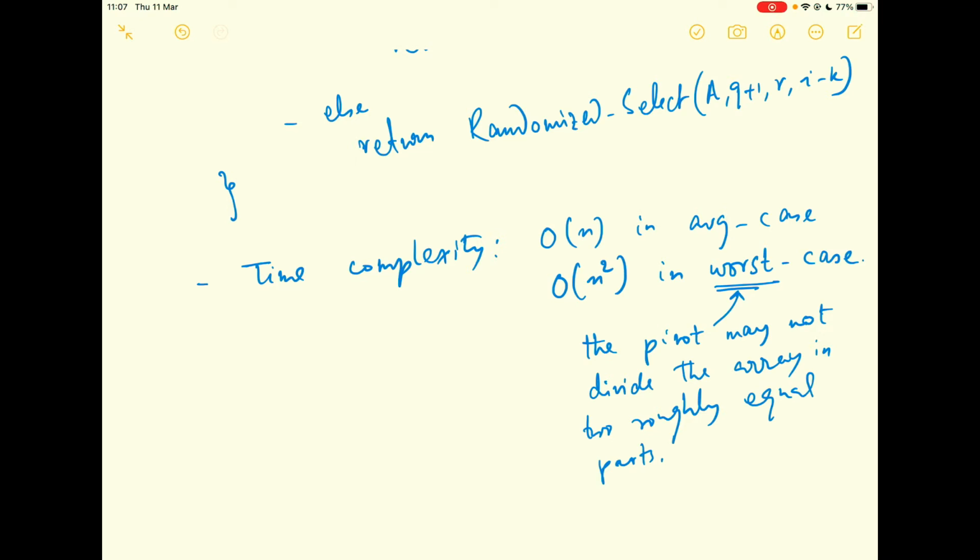In the worst case, the pivot could be as bad as one part having order 1 elements, say 1 or 2 elements, and the other part having almost n minus 1 or n minus 2 elements, and in that case the recursive calls will be really costly.